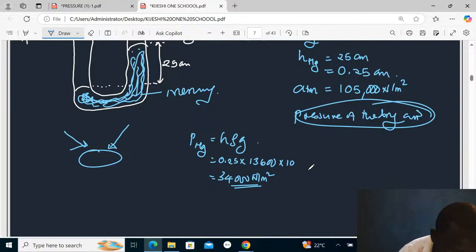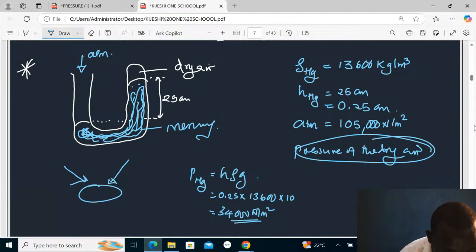We continue. So now, if you look at the scenario the way they are here, the atmospheric pressure is greater than the pressure due to the mercury column. And then they are acting against each other. So this one is greater and this one is lower.